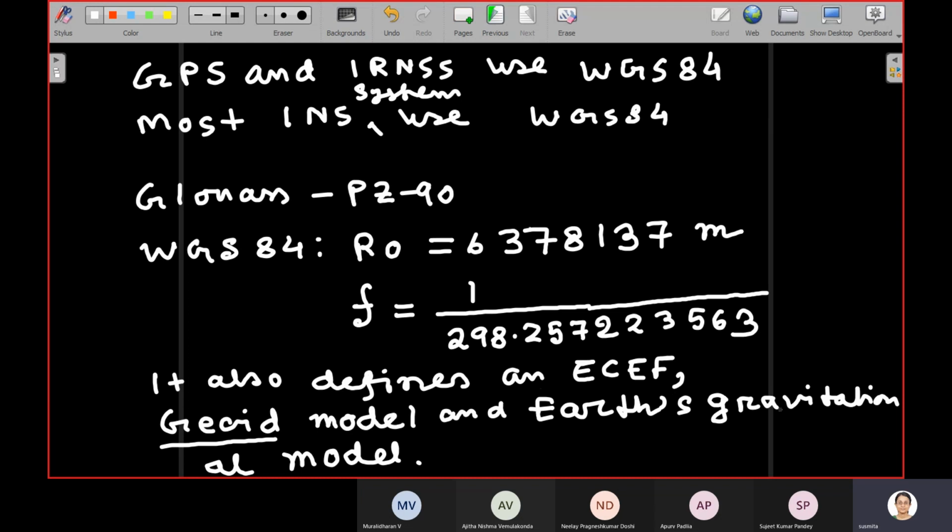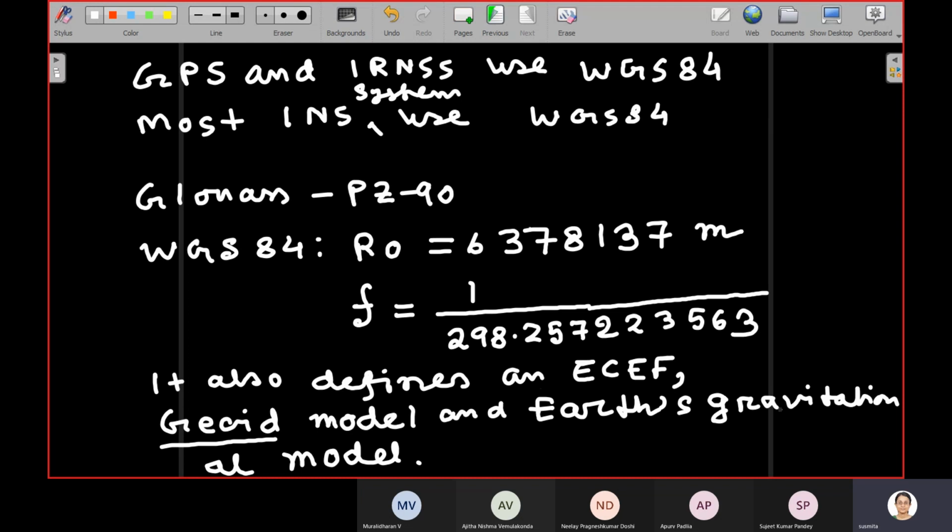In the gravitational model, the gravitational acceleration is defined as a function of latitude and altitude. You don't think that it is a simple formula. No, they consider higher order terms and show how the gravitational acceleration changes with latitude, considering higher order terms. So these are called harmonics. So the model includes gravitational harmonics, higher order terms.